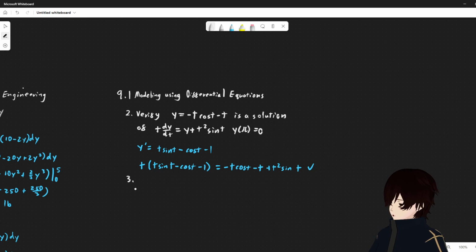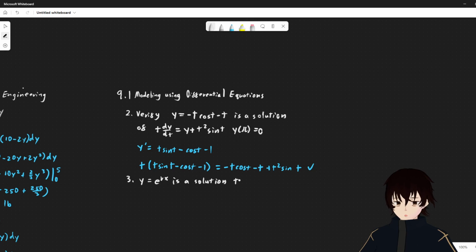Number 3 has 2 parts. For what values of r does the function y equals e to the power of rx is a solution to 2 times y double prime plus y prime minus y equals 0.